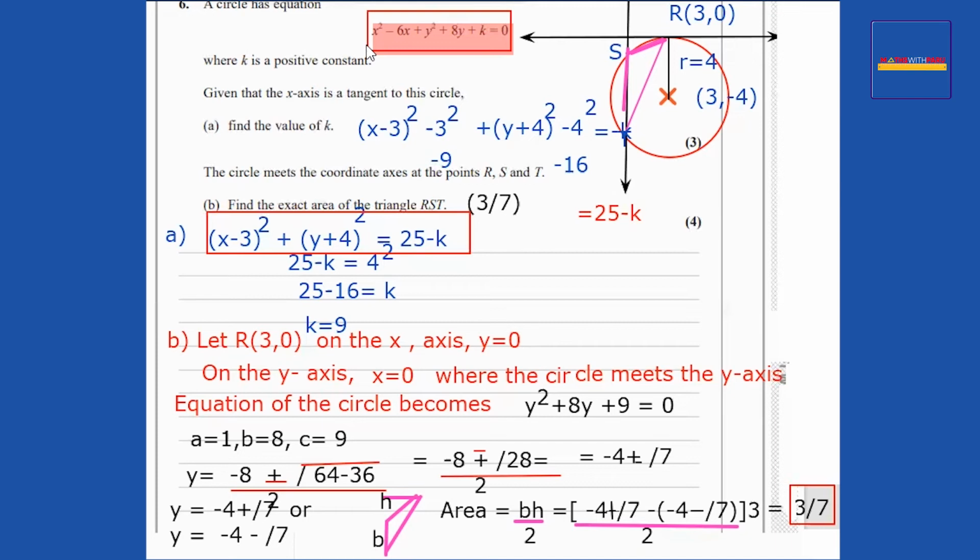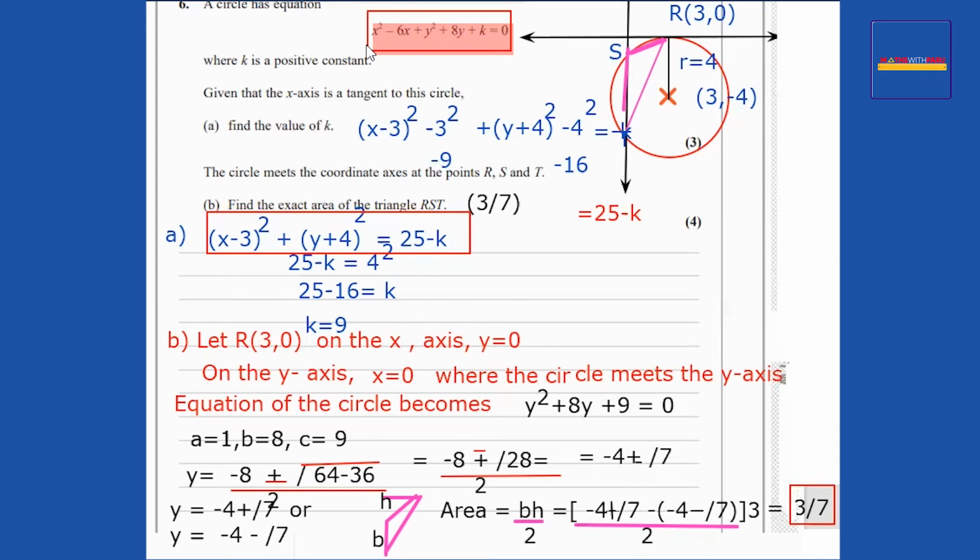So we have y equals minus 4 plus root 7, or y equals minus 4 minus root 7. And that would be our coordinates for S and T.